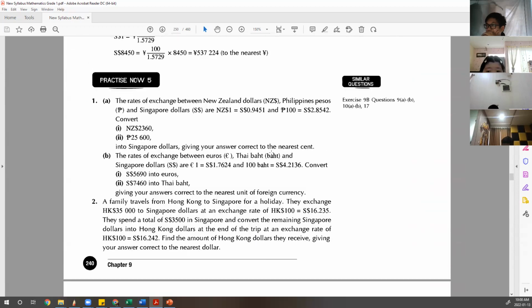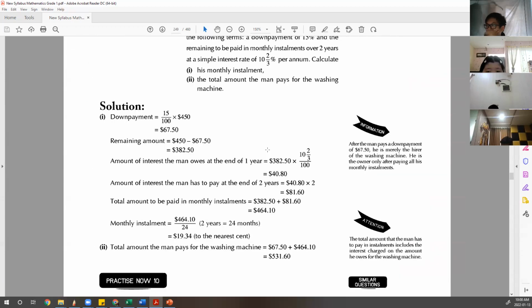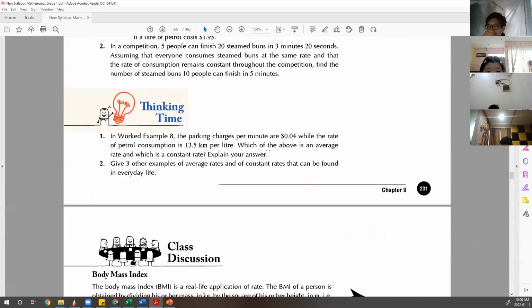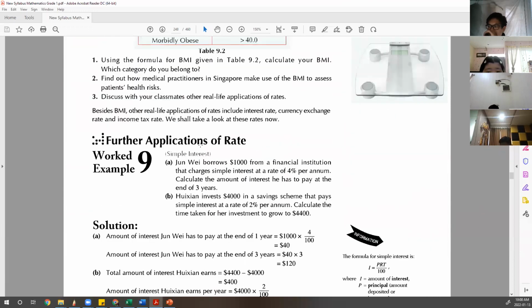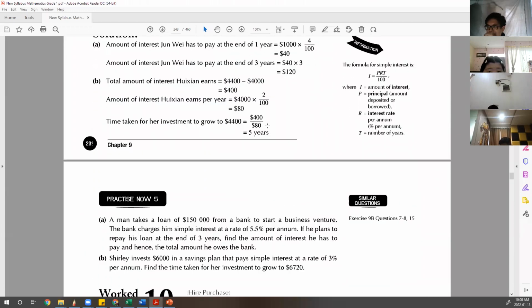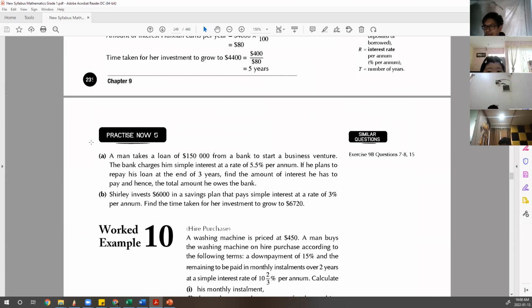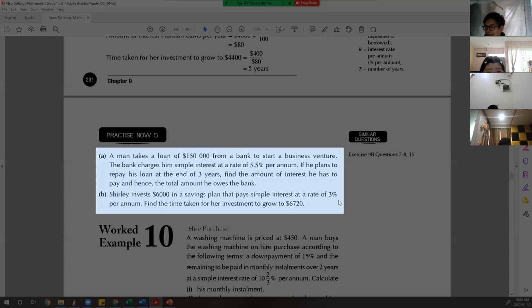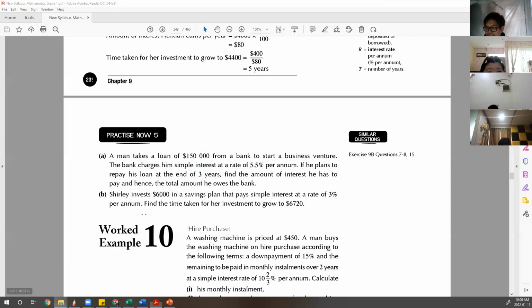Today's topic is quite large, so we are focusing on one question at a time. Rather than me explaining the solution, the worked example, I think we can go to practice now. That way the discussion doesn't get too long. We'll take it slowly.